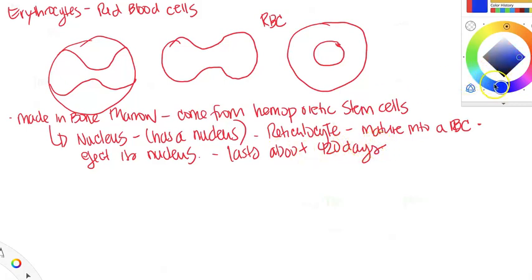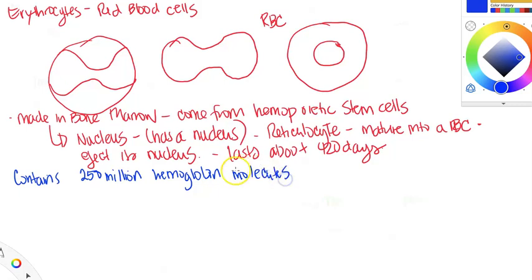So a red blood cell contains about 250 million hemoglobin molecules. Hemoglobin is the protein that's in red blood cells that carries oxygen.